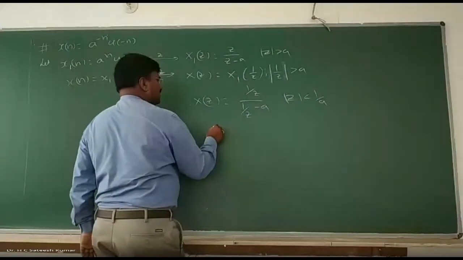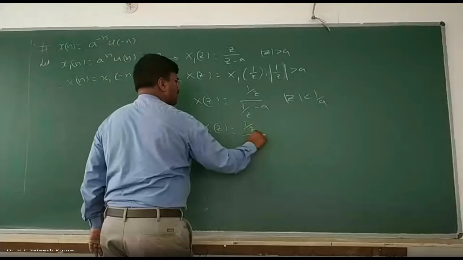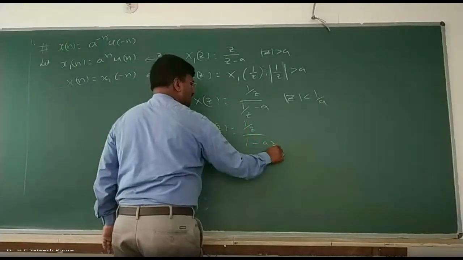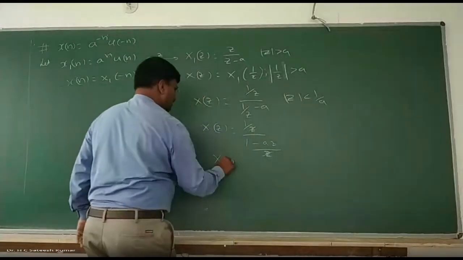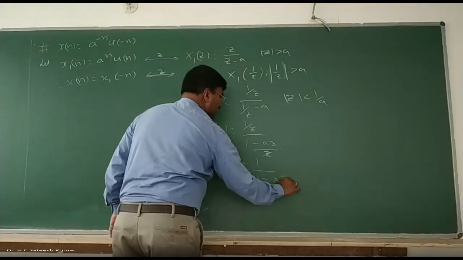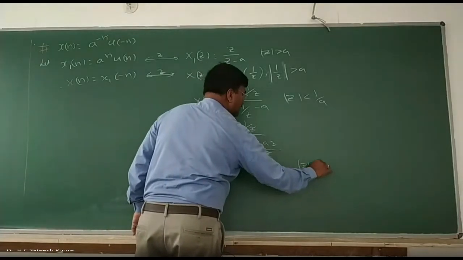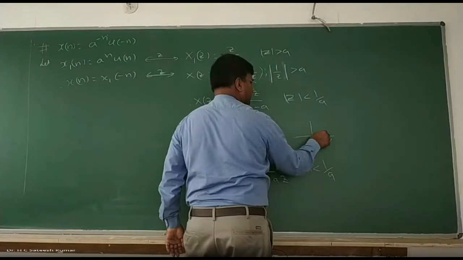Okay, let's take the LCM. x of z is equal to 1 by z divided by 1 minus a z divided by z. Z gets cancelled. So therefore, x of z is equal to 1 divided by 1 minus a z with ROC mod z less than 1 by a, and it can be sketched in this fashion.